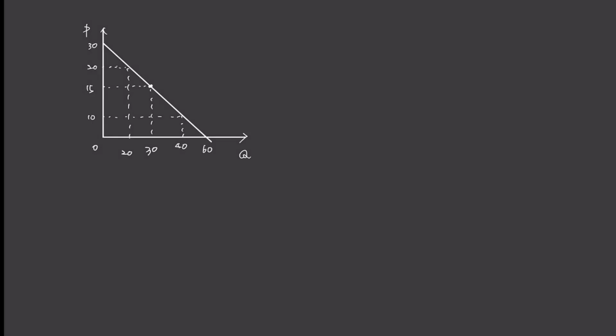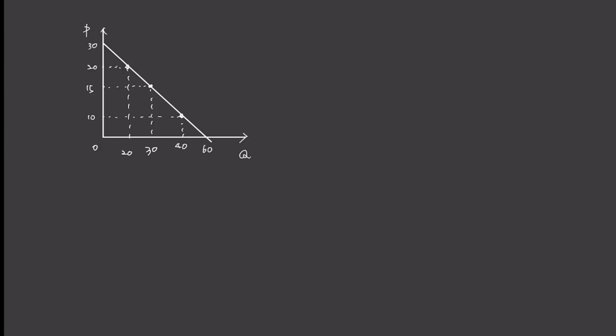So now let's discuss a little bit about elasticity and the linear demand function. A linear demand function is given as an example like this. But one thing we need to be careful about is the shape and the functional form.